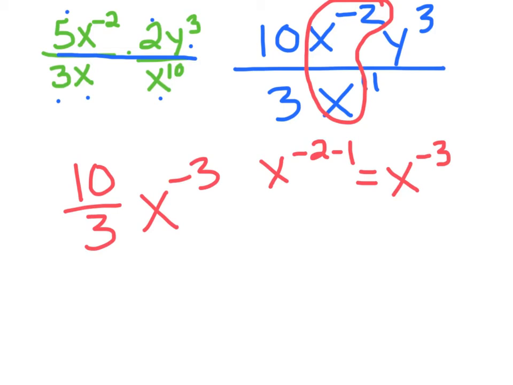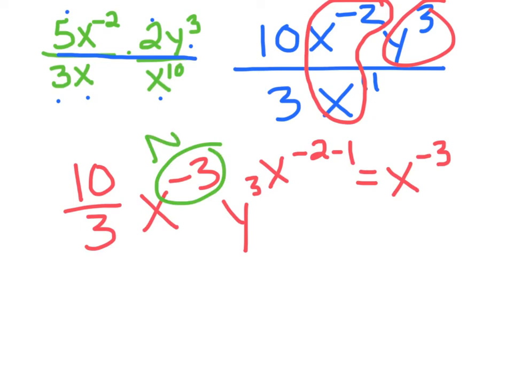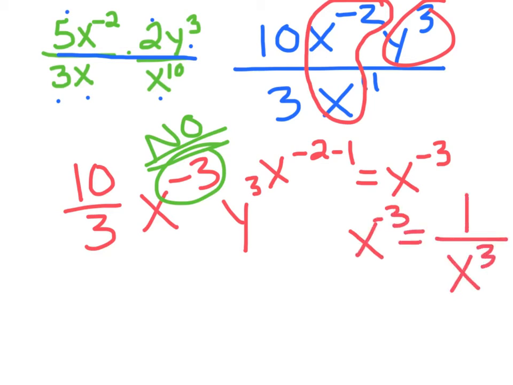And then we've got y to the 3rd, which has nothing to mix it with. It is never proper to leave a negative exponent in a simplified answer. So you must always say, okay, the negative property is 1 over x to the positive 3. So basically, when you see a negative exponent, you're going to move it.